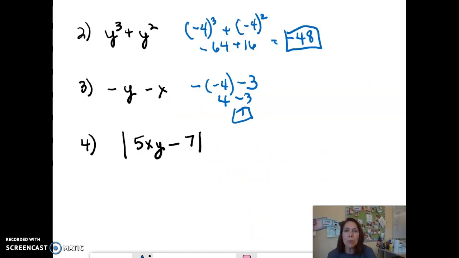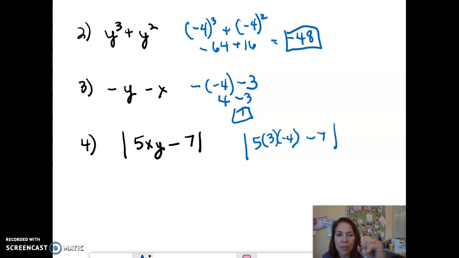Okay, next example, we're pulling absolute value into the game. It's going to act as parentheses. We're still going to plug in x is 3 and y is -4. So I'm going to take the absolute value of 5 and I'm going to make this a parentheses. So x is 3, y is -4, put it in parentheses. All that means multiply, -7, absolute value.